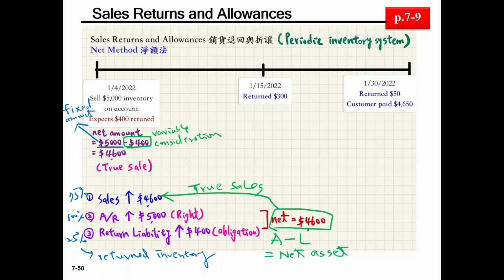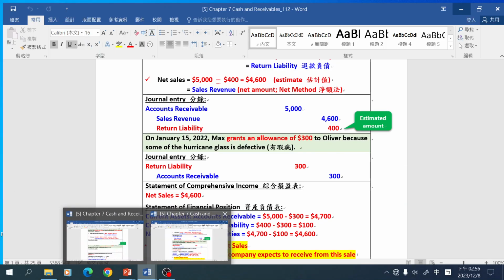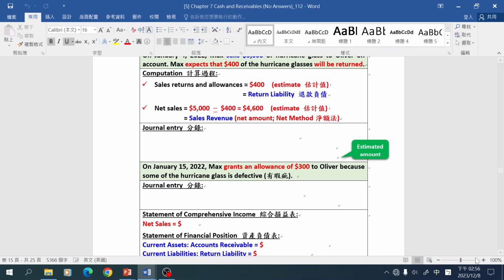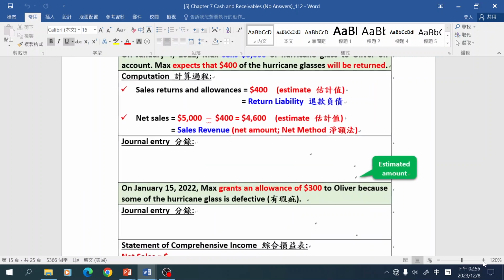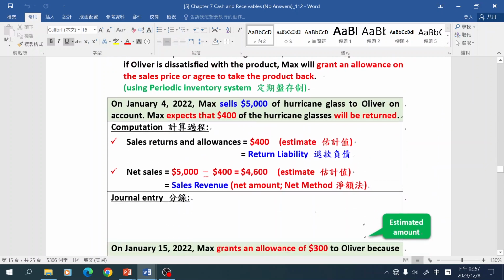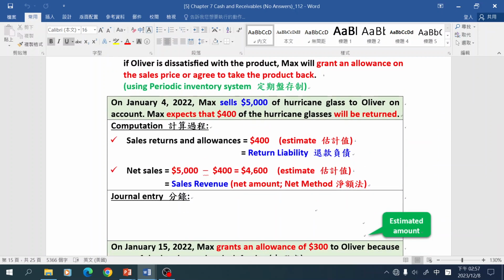Okay, any questions? If you don't have any questions, you can look at your note on page 15. Page 15. Just finish the first journal entry right here by yourself.